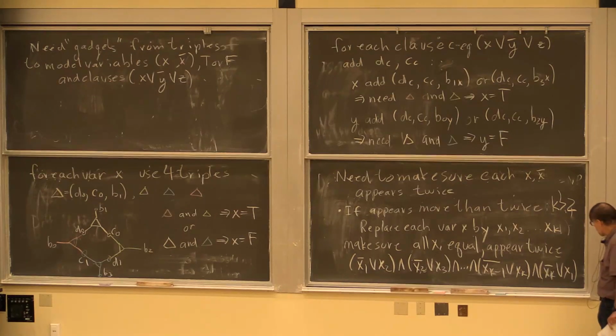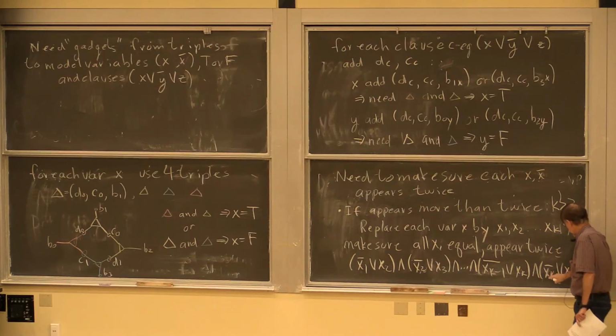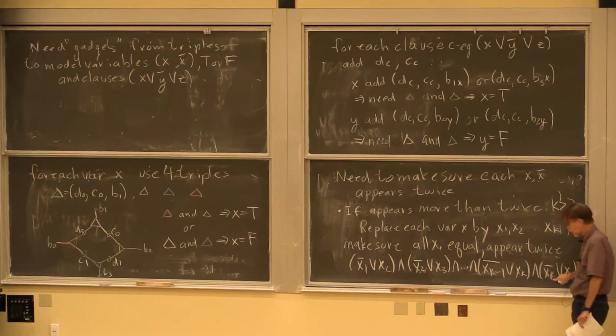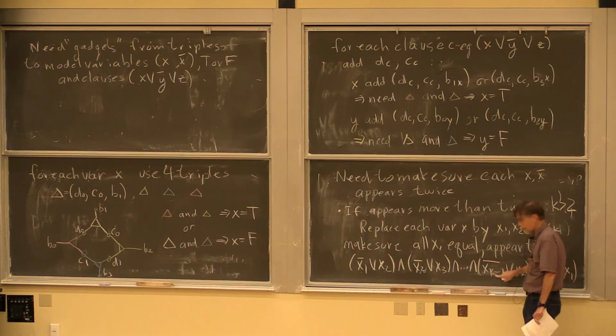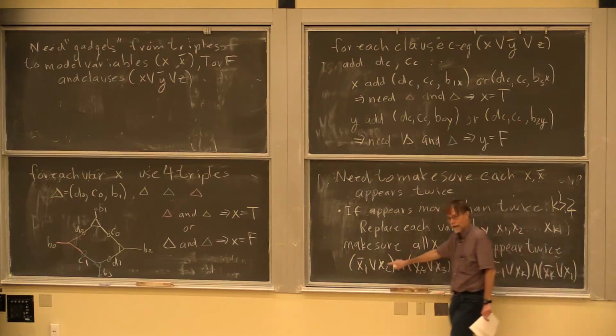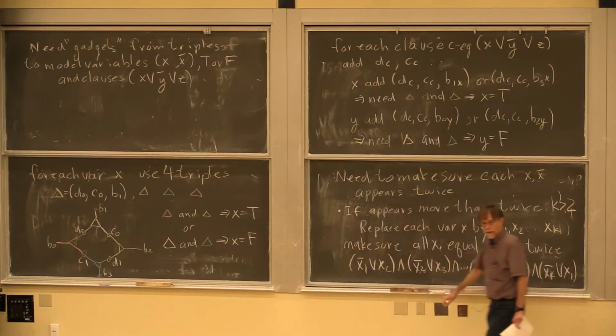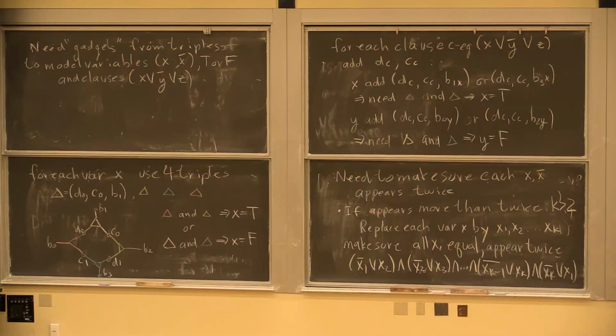And what if I pick one of them to be false? Then let's say x1 is false. That means that xk has to be false so that this is true, which means that xk minus 1 has to be false, dot, dot, dot, all the way through. So they're all going to be the same. And each one of these variables now appears exactly twice, so my construction works.